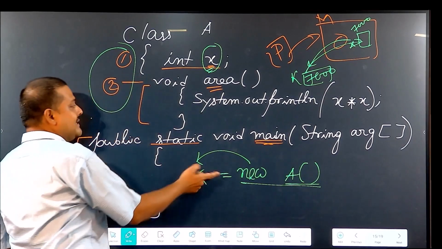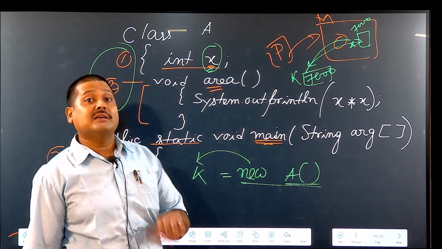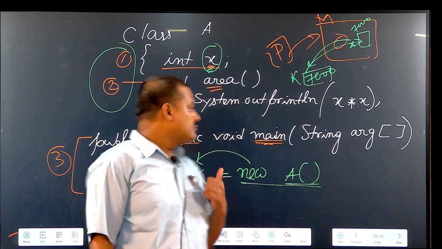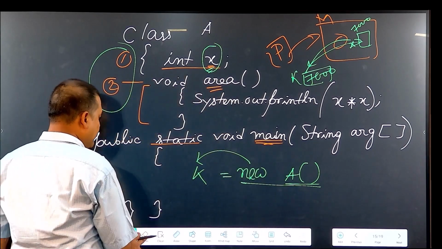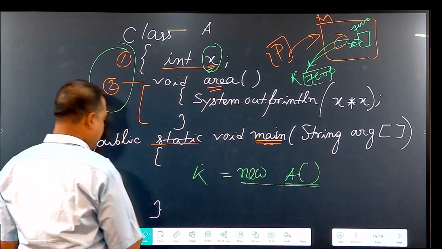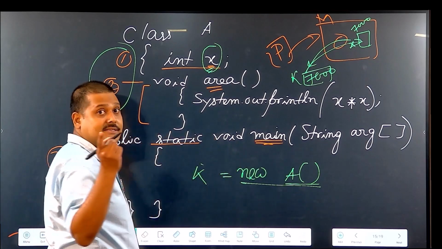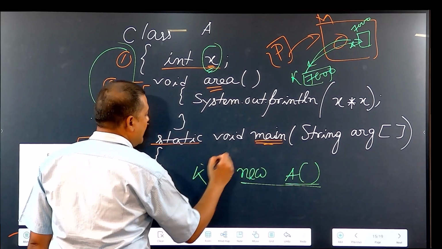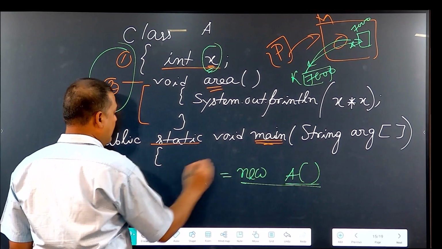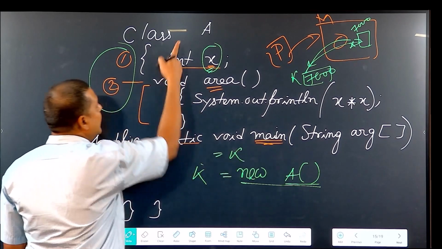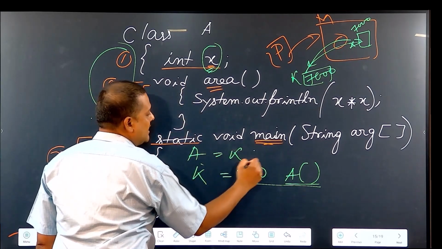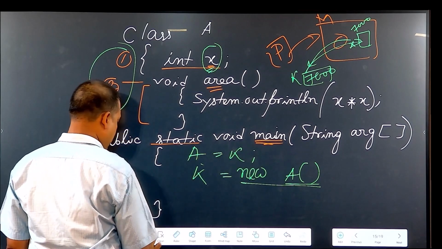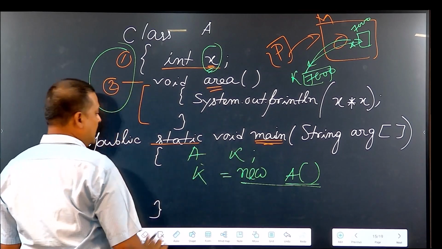Now, what is the type of k? K is a variable, so it must have some data type. What is the data type of k? Any guess? Yes, k will be of A type. So, A k.